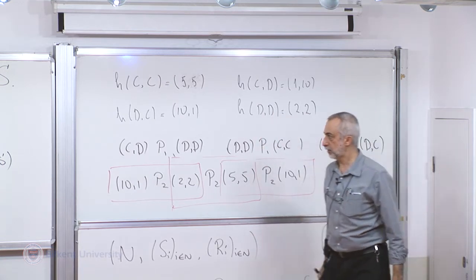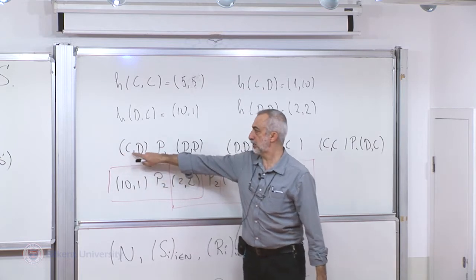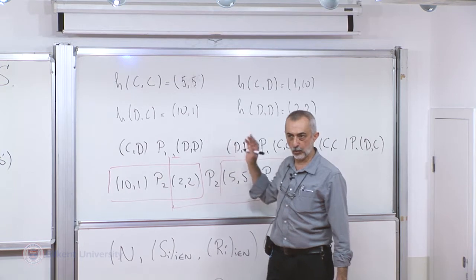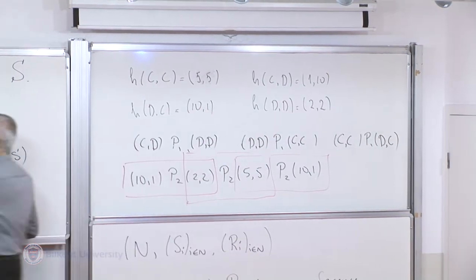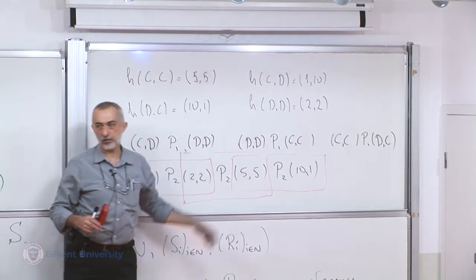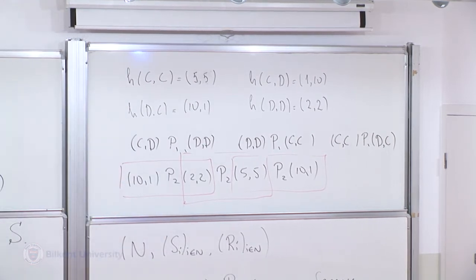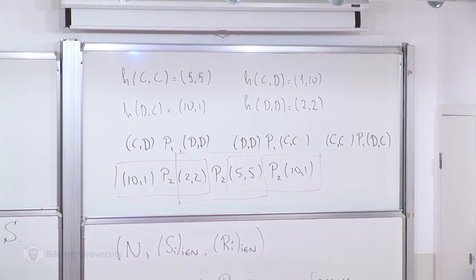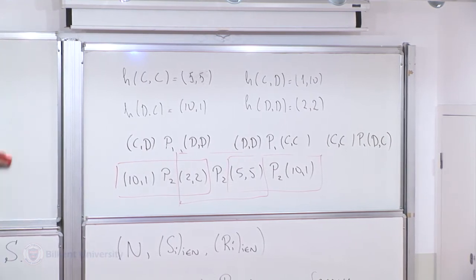Again, the way I read it is, the outcome induced by CD is preferred by agent 1 to the outcome induced by DD, and so on. So now, rather than specifying the preference like this, let's specify a numeric representation of the preference relation of agent 1.